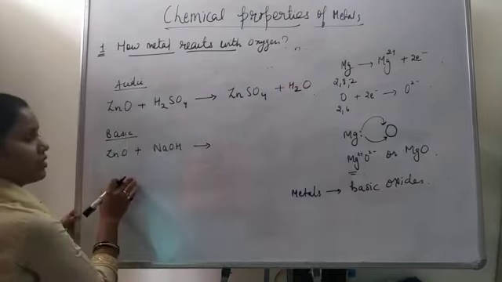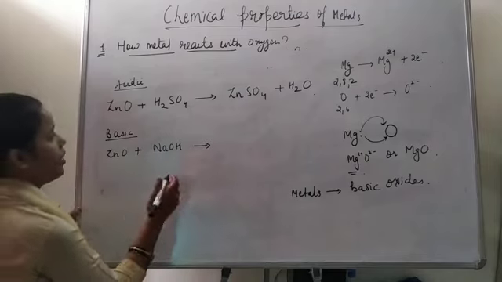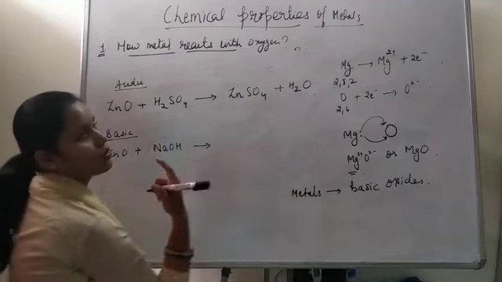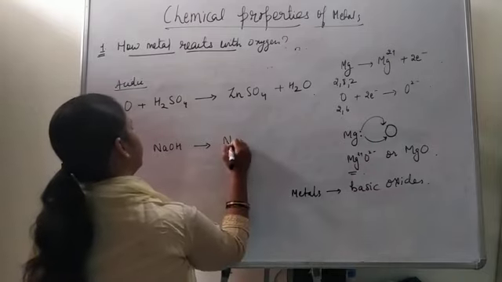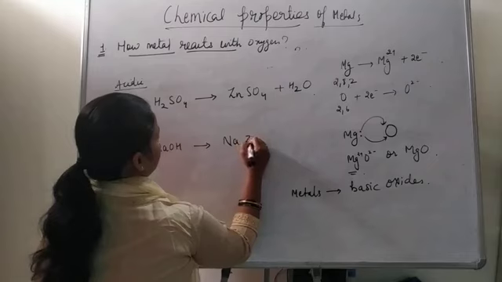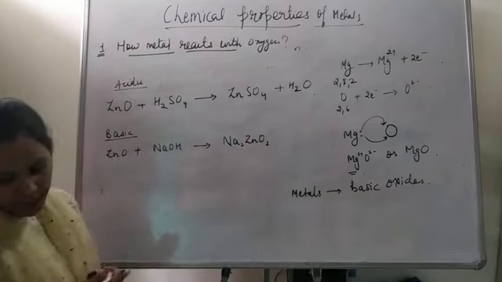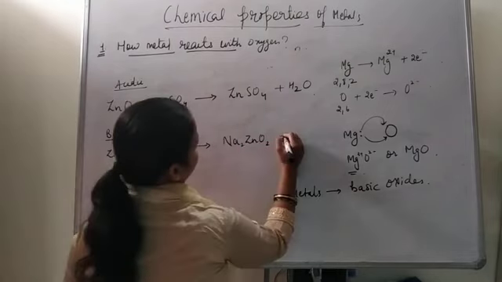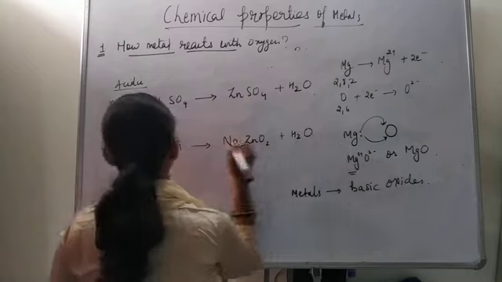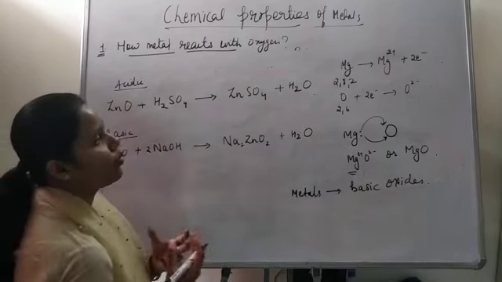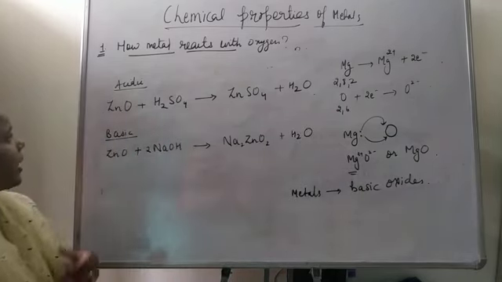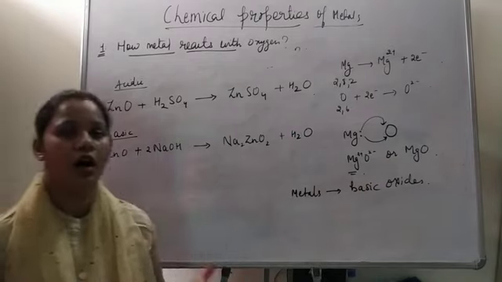Likewise, if zinc oxide reacts with sodium hydroxide, it will form sodium zincate, Na2ZnO2, plus a water molecule. You can balance the equation also. So amphoteric oxides are those which can react with acid as well as base.